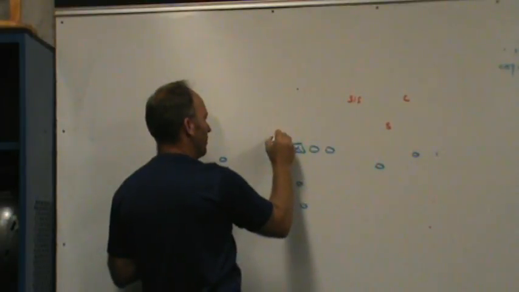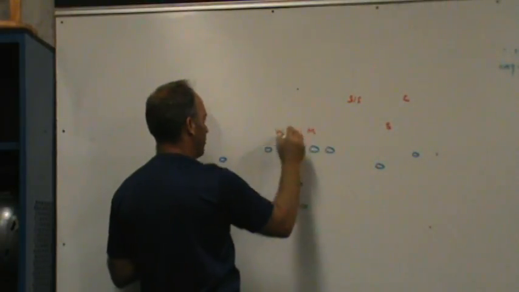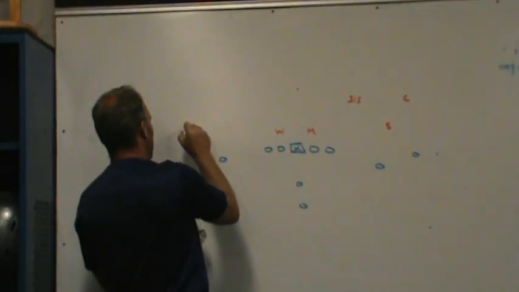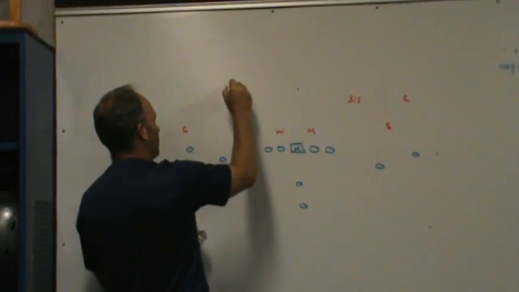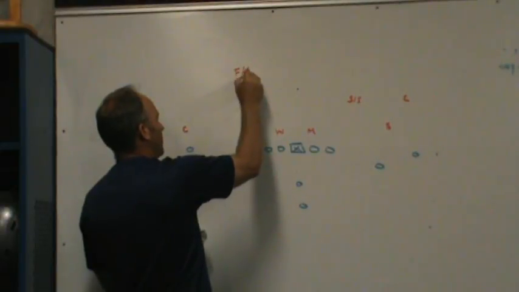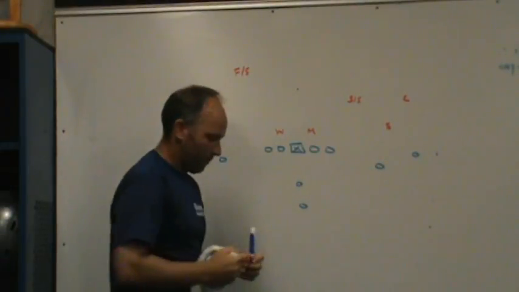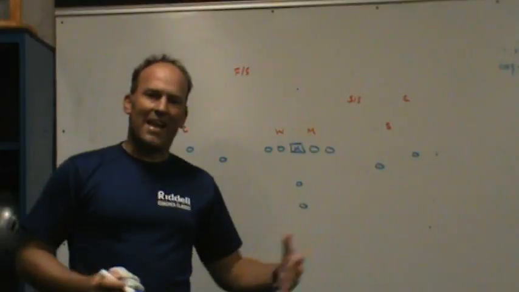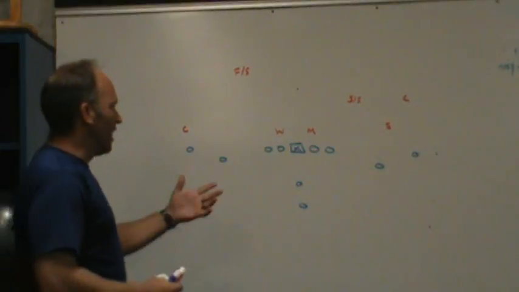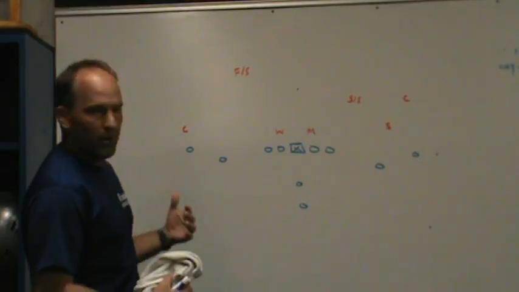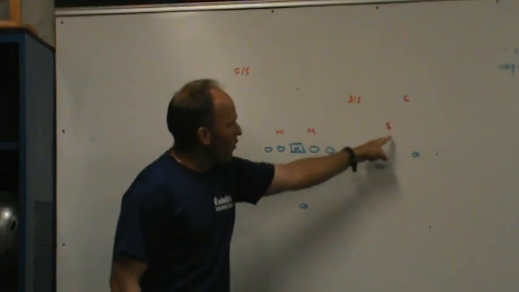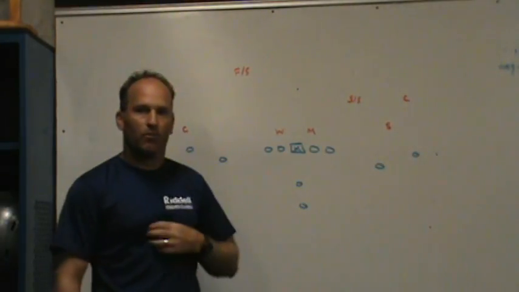For argument's sake, we'll leave both linebackers in the box, and depending on where the ball's in the middle of the field, let's say this corner's here and this free safety is back there. That now presents a completely different concept to my quarterback. So when I'm teaching my quarterback, what I'm going to tell him is, now the overhang backer is outside of number 2.